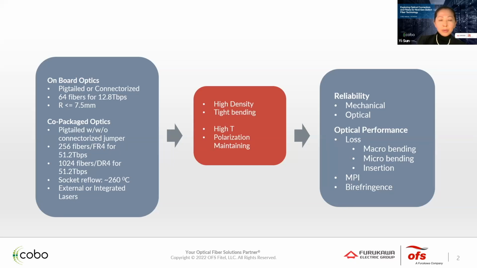And the CPO can have the option of an external laser, and the external laser has the option for polarization maintaining fiber. So with the requirements of high density, tight bending, high temperature, and polarization maintaining, the question arises for the reliability of the fiber and the optical performance, including loss and MPI by refrigerants.